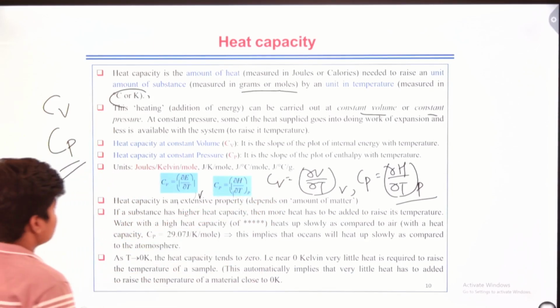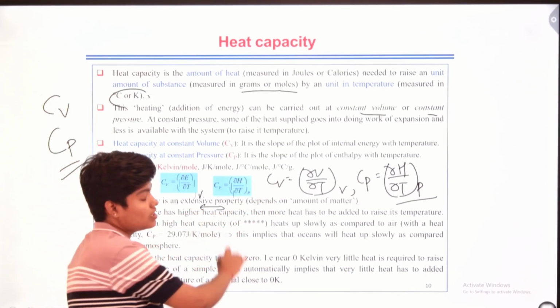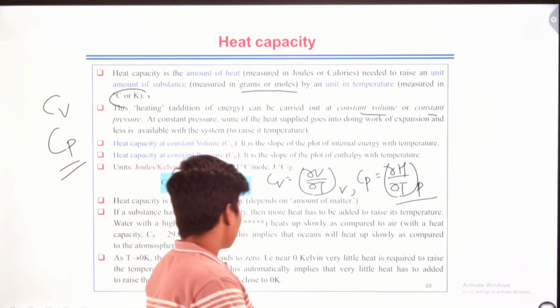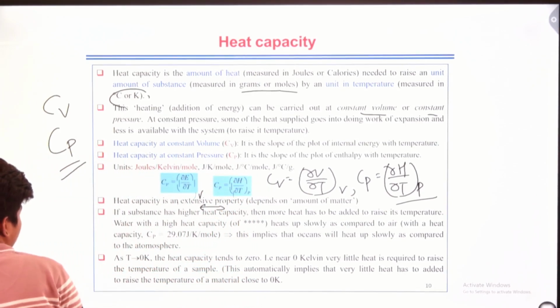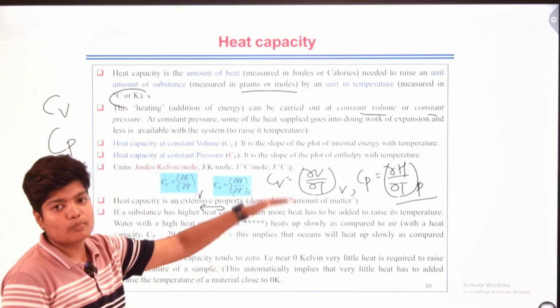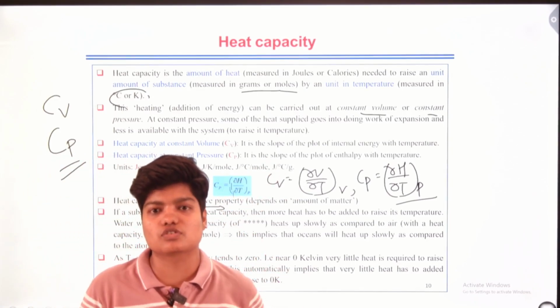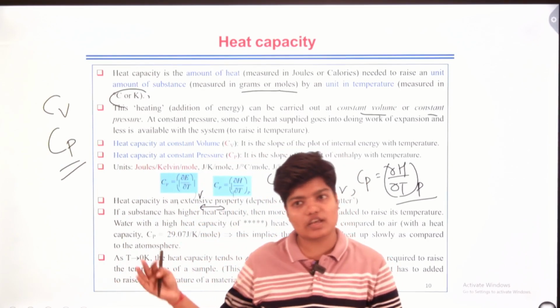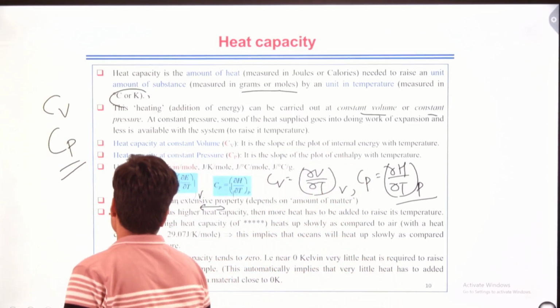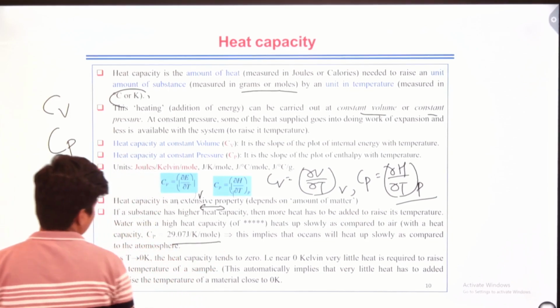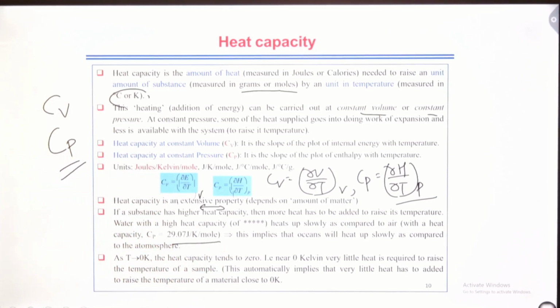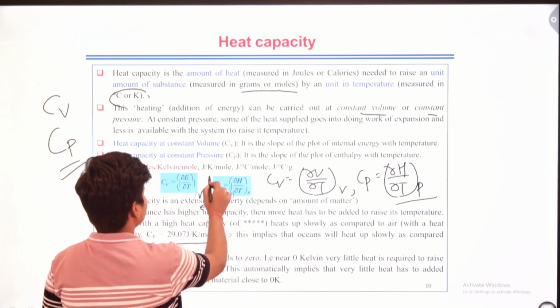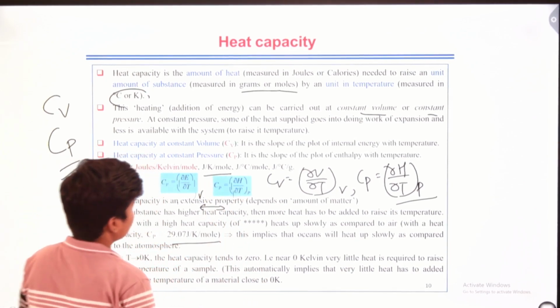Heat capacity is also an extensive property because it depends on the amount of matter. If a substance has more heat capacity, more heat is required to increase its temperature. So the heat capacity of water is more than that of air. The CP of water is 29.07 joule per Kelvin per mole, and the unit of heat capacity is joule per Kelvin per mole, or joule per degree Celsius per mole.